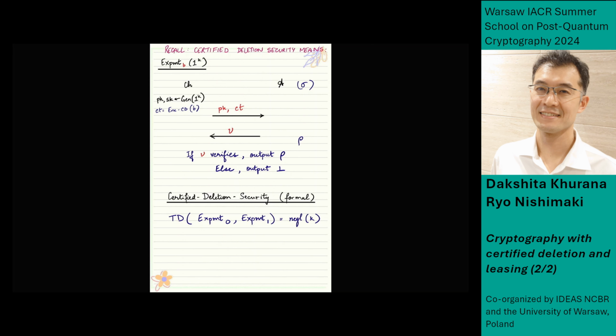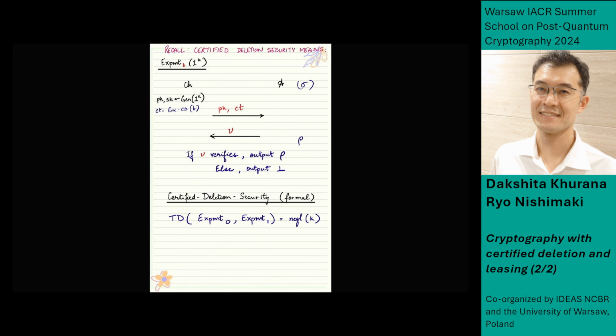So this is again the security experiment of encryption with certified deletion. The challenger generates the key pair PK and SK, generates a ciphertext of B, and sends the public key and ciphertext to the adversary.